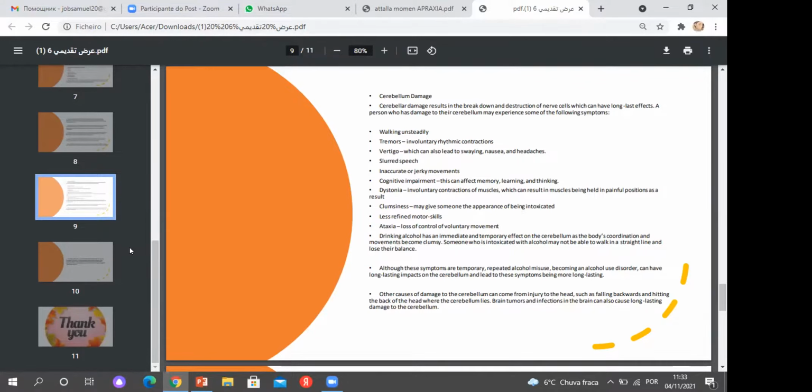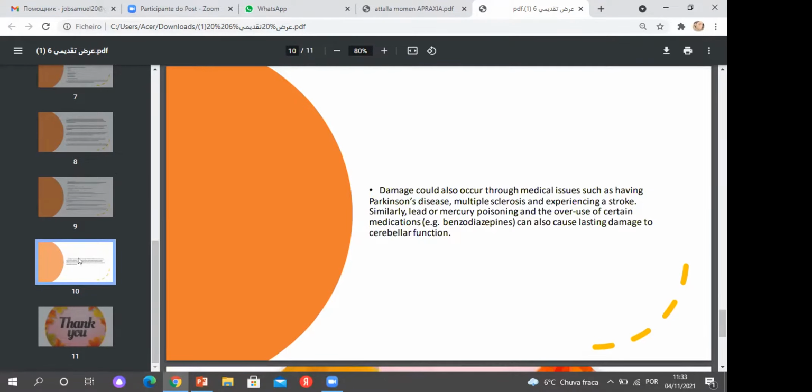Damage could also occur through medical issues such as having Parkinson's disease, multiple sclerosis, and experiencing a stroke. Lead or mercury poisoning and the overuse of certain medications can also cause lasting damage to cerebellar function.